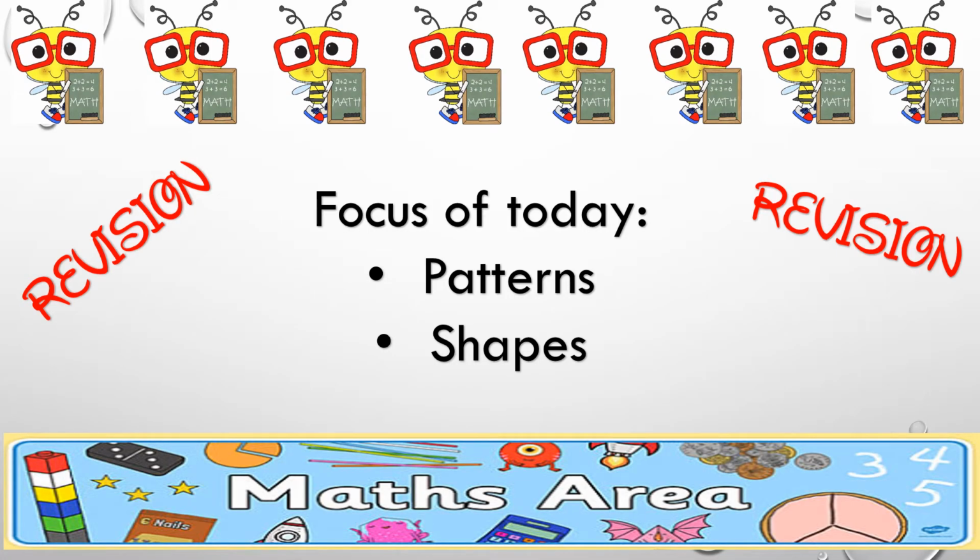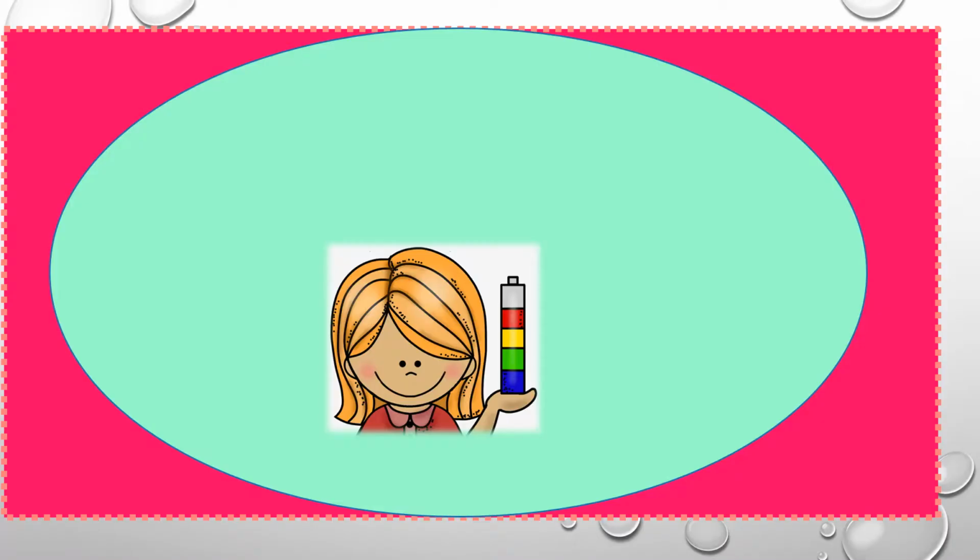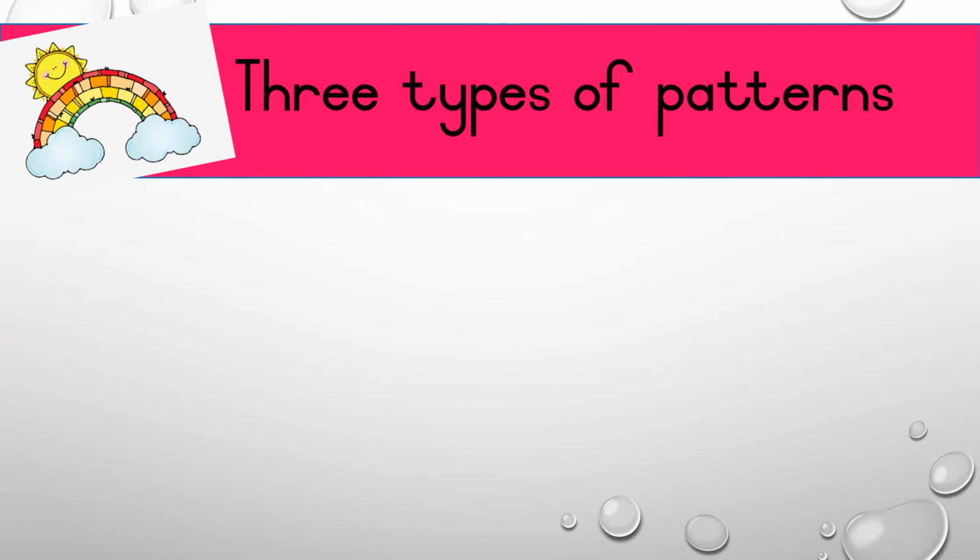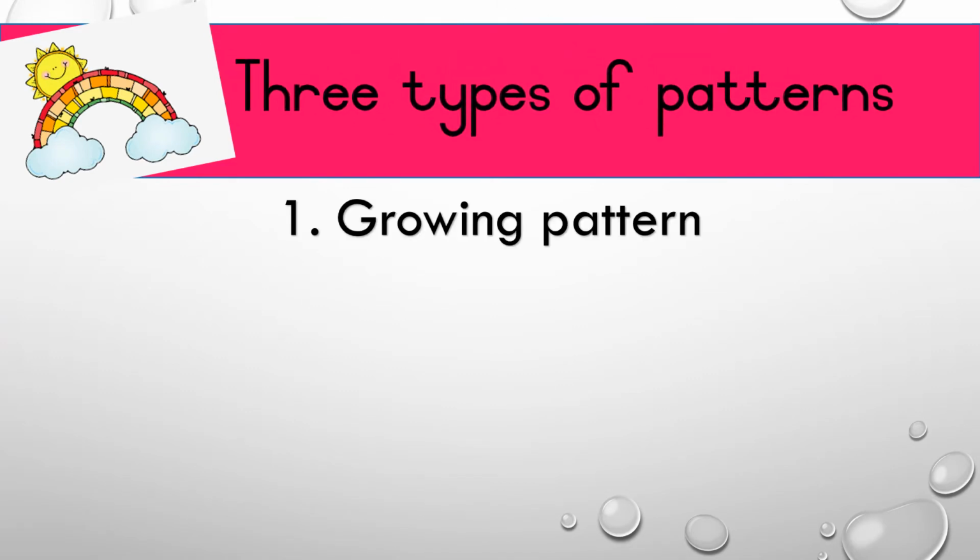So, like I said, today we will be revising patterns and shapes. So let's first start with patterns. Who can remember what were the 3 types of patterns that you get? The first one is a growing pattern.